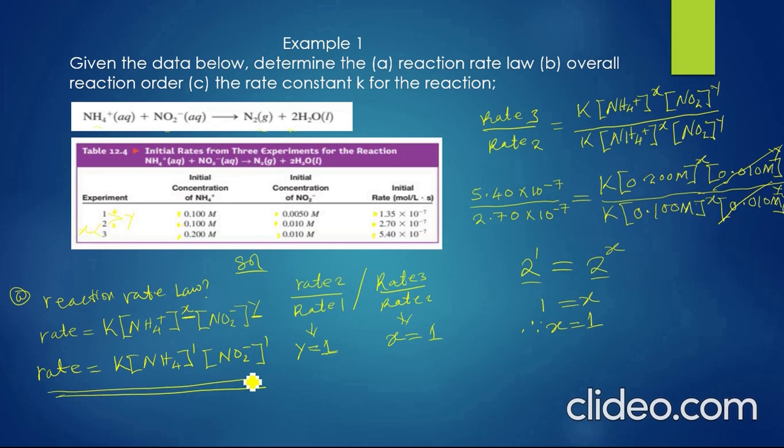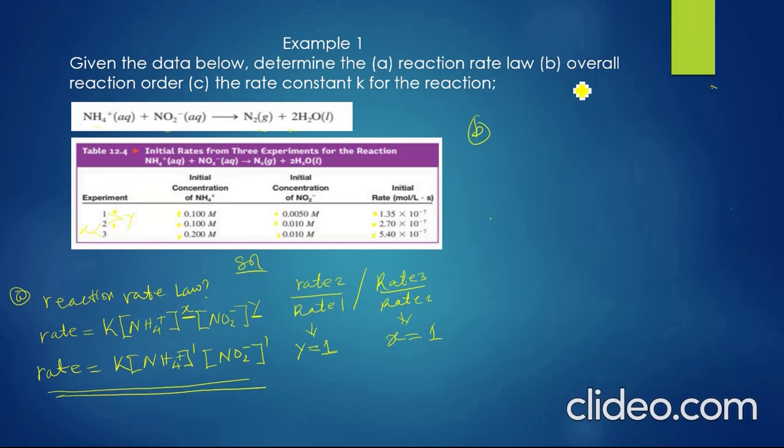So this is the reaction rate law that we have determined, and now that we have determined the reaction rate law, this one you're seeing here, what can be our overall reaction order? So our overall reaction order is just the sum of these 2 orders you have found here. So overall reaction order is just the sum of the orders you are having there.